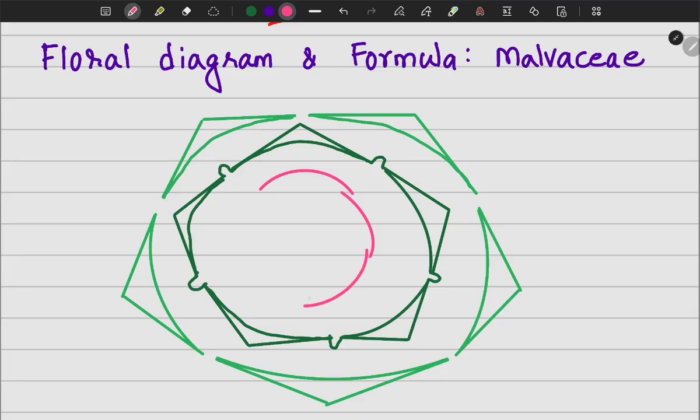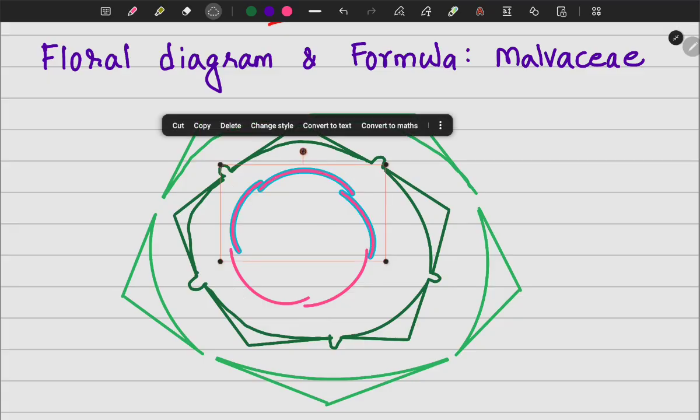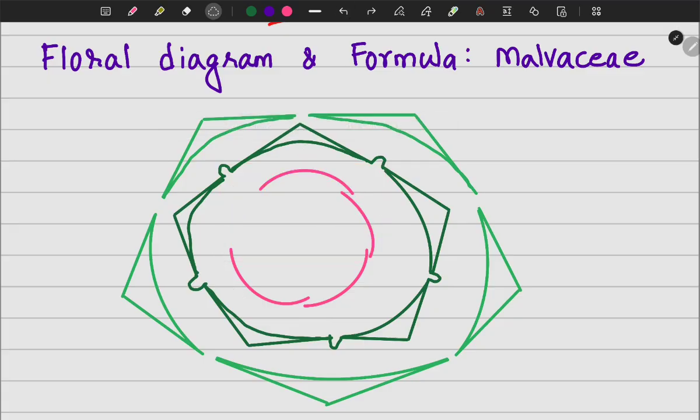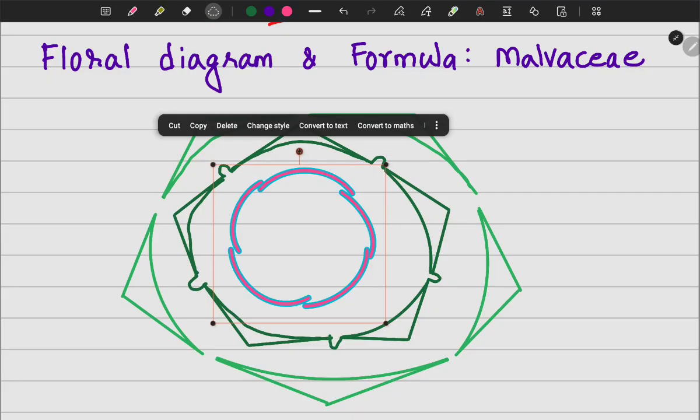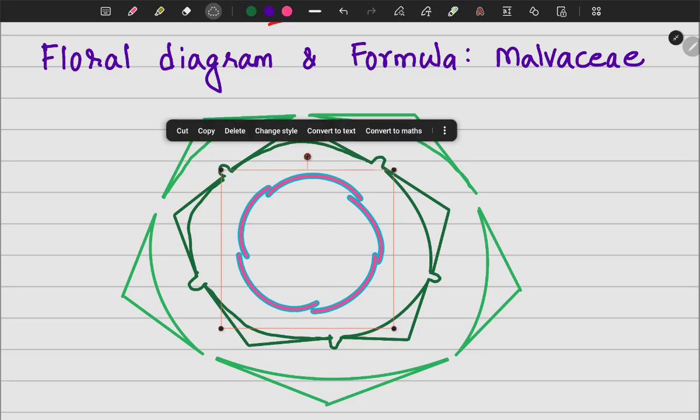Like this. Alright, so this forms the petals with twisted estivation. Let me arrange it in the middle.